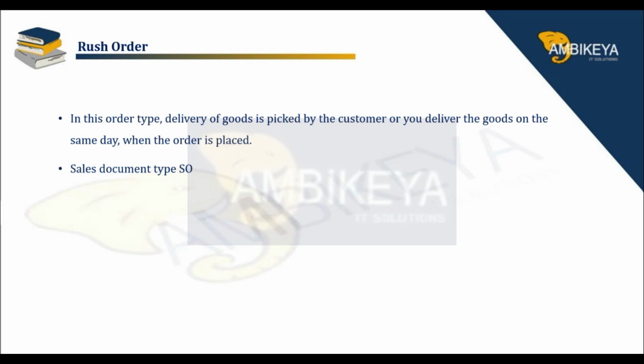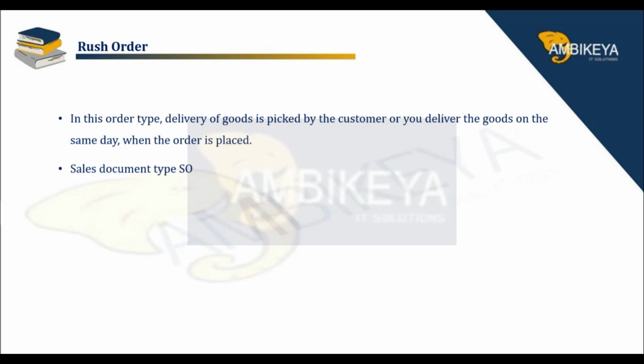A normal sales order may take 3-4 days because it has its own delivery cycle, and SAP follows first in, first out. Your first order which comes in will go out first, and the second order will have to wait. Even the delivery of that has to wait till the first order is cleared.